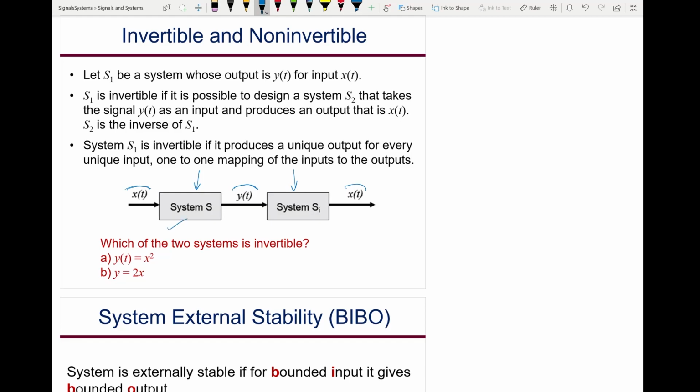Basically, if I can build a system that will do the inverse operation, then the system is invertible. And if this system gives me y of t and I cannot build a system to recover x of t from it, then we call this system non-invertible.